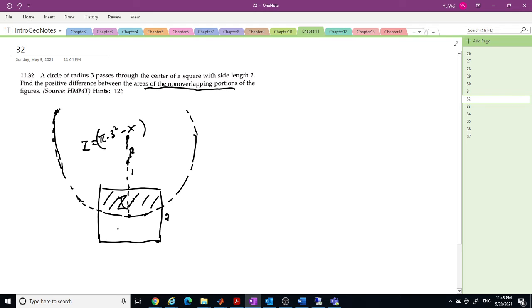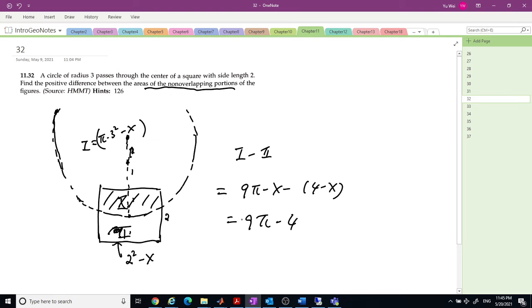And the second one is equal to 2 squared minus x. So the difference between the two non-overlapping portions is 9 pi minus x minus 4 minus x. So it's 9 pi minus 4.